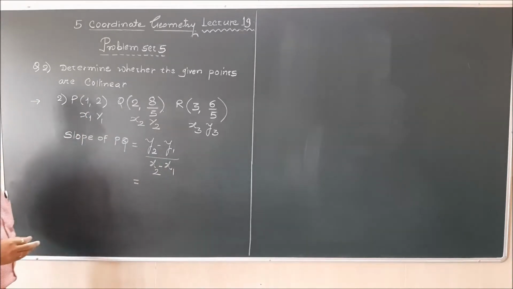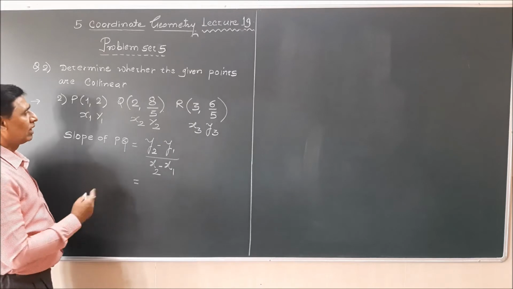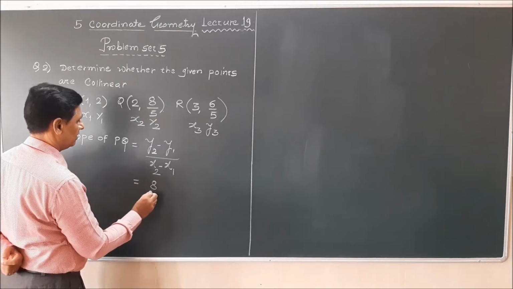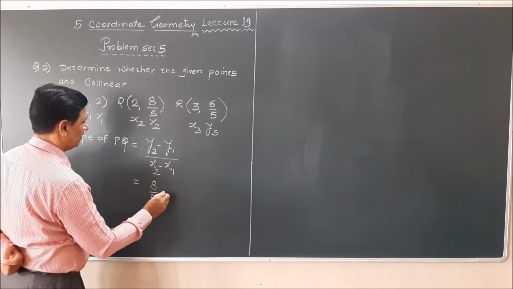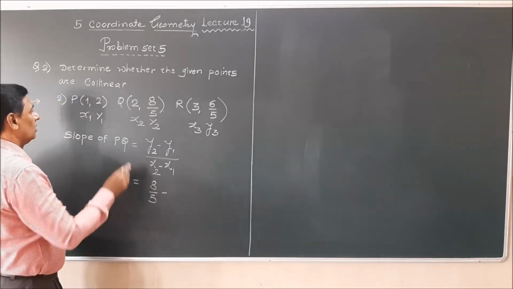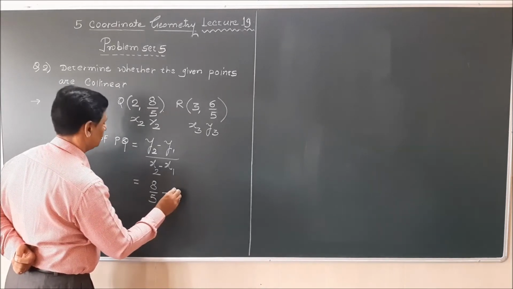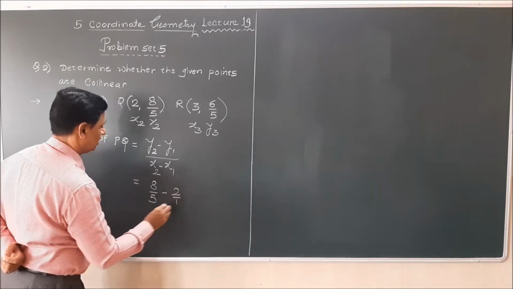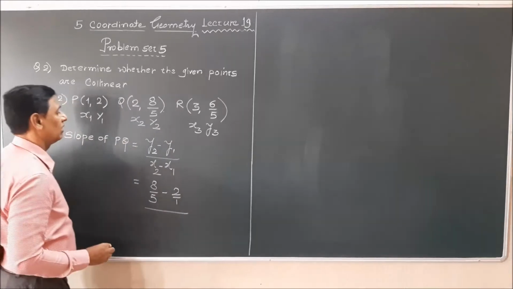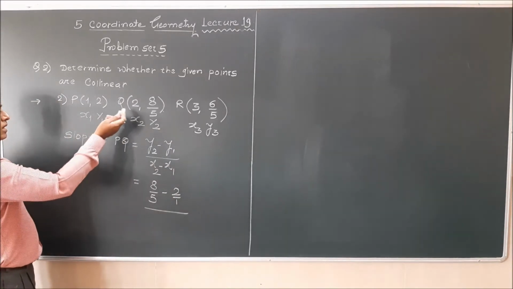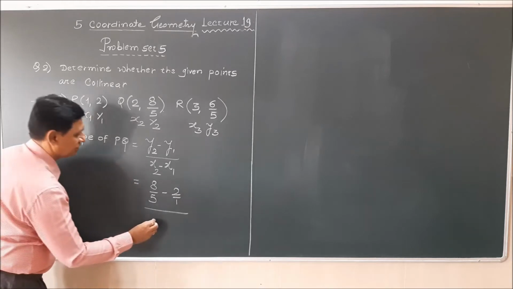This is our slope formula only. y2 minus y1 is 8 upon 5 minus 2 upon 1, and x2 minus x1 is 2 minus 1.